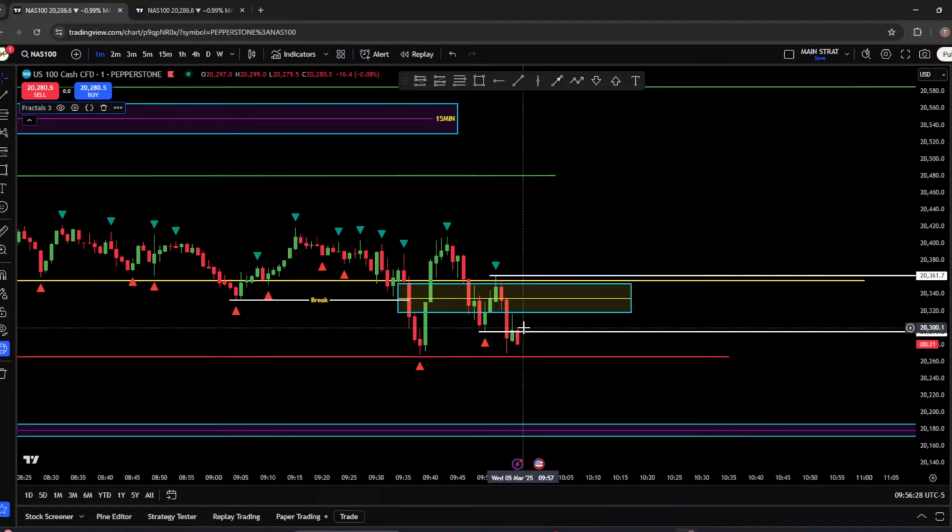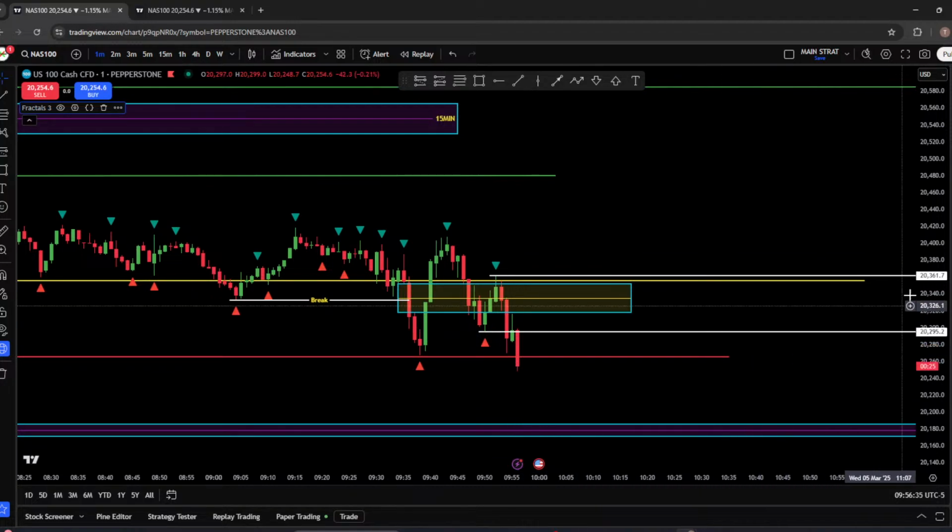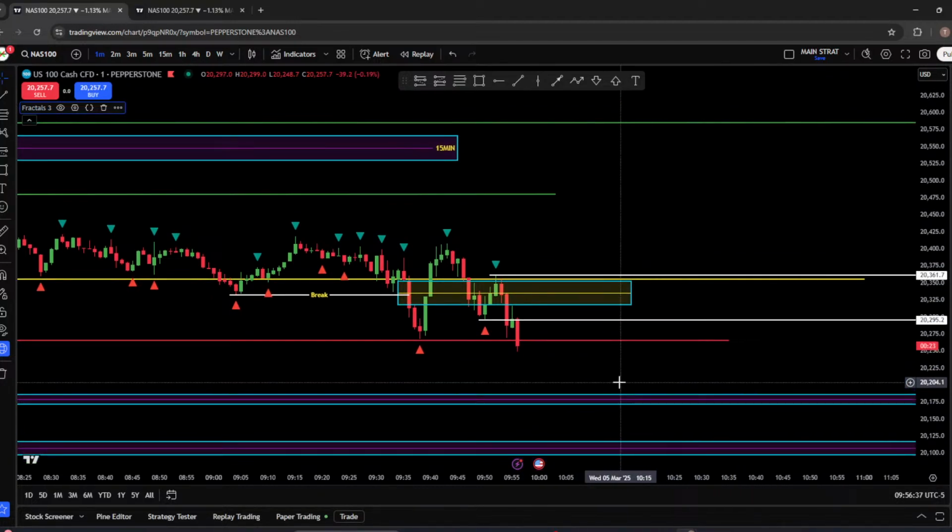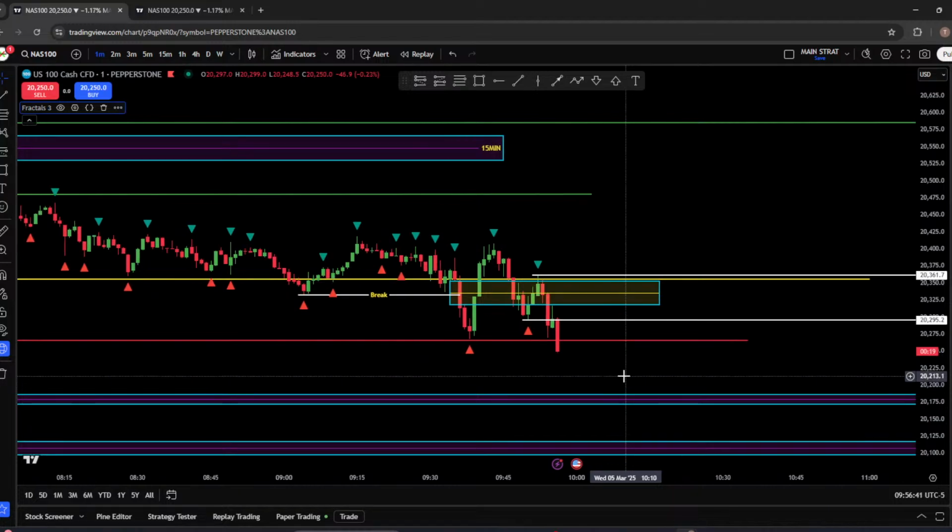At this point, my stop loss would be too high compared to the risk. That's why we're scalping. You have to have that good entry and stop loss before, otherwise the risk-reward doesn't work out.